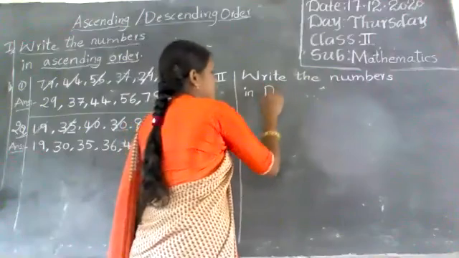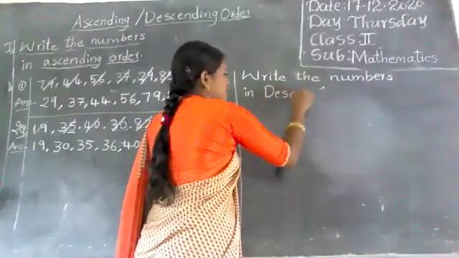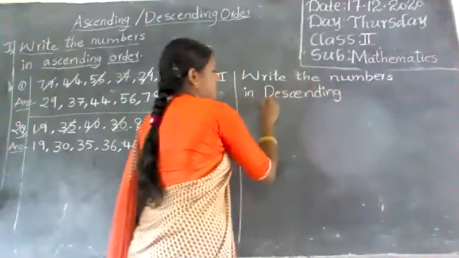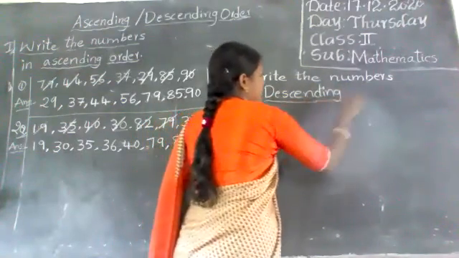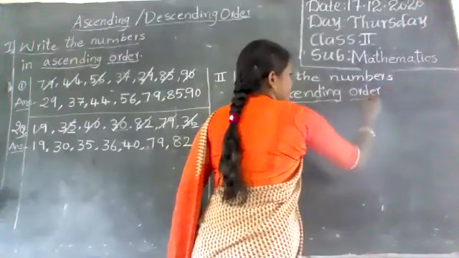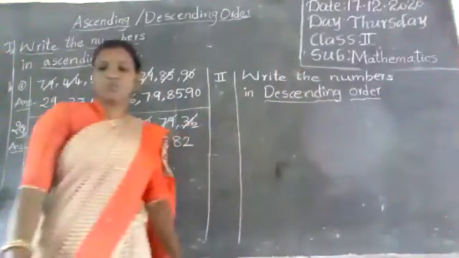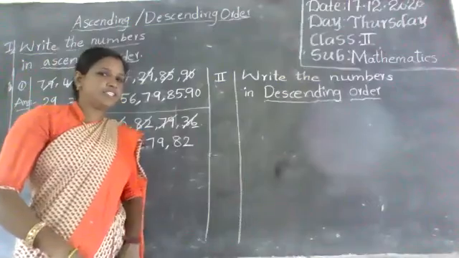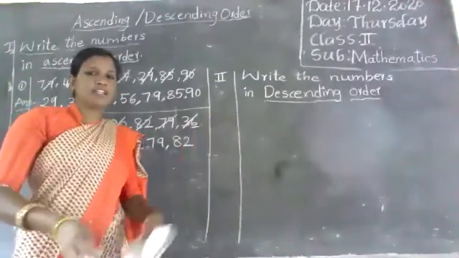D-E-S-C-E-N-D-I-N-G. Descending order. Don't check your textbook. These problems are not in your textbook. Did you understand, children?